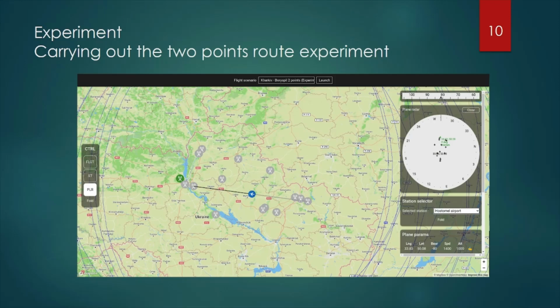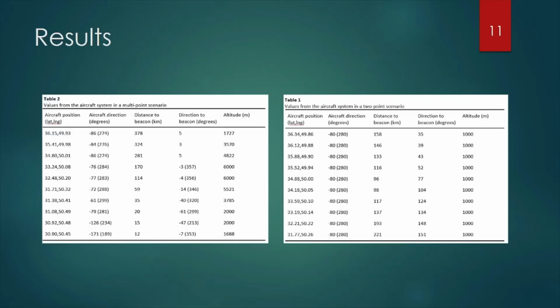Experiments were also carried out with many-point scenarios and 2-point scenarios. The obtained results of positioning the aircraft and selected beacon were gathered in tables. For the results assessment, a group of experts was involved.